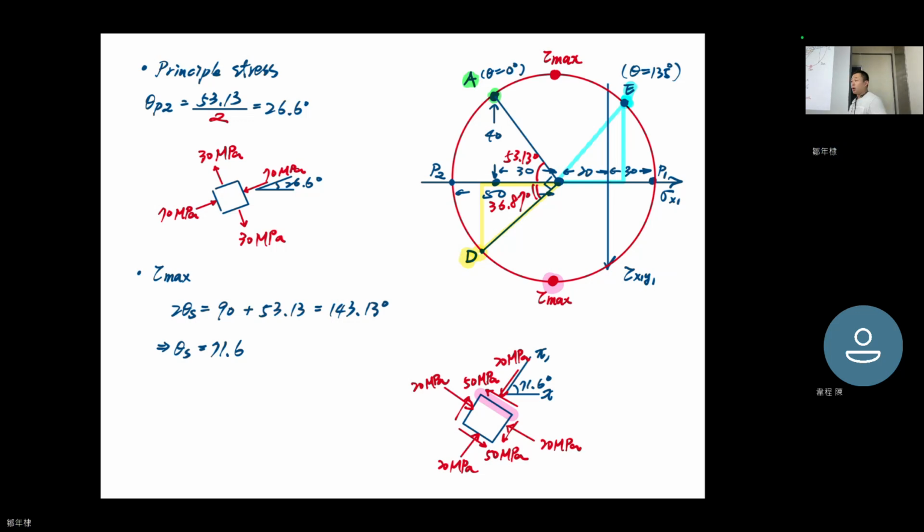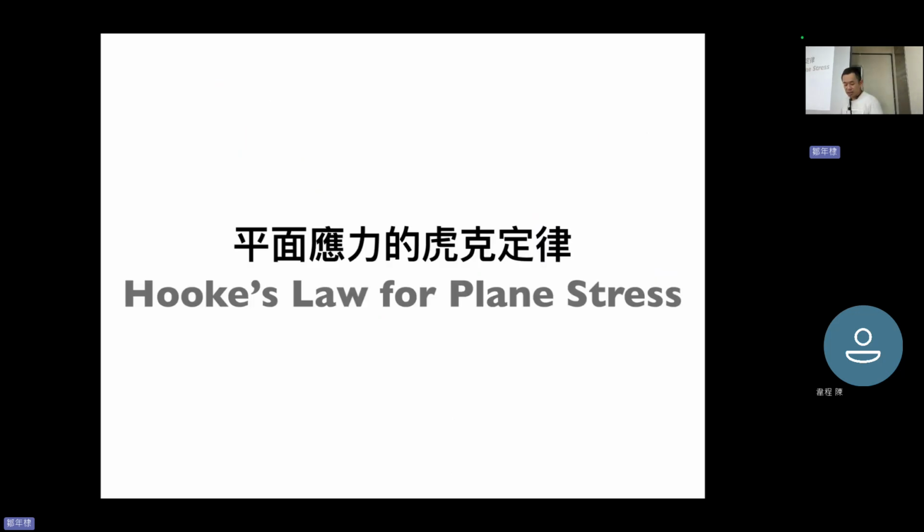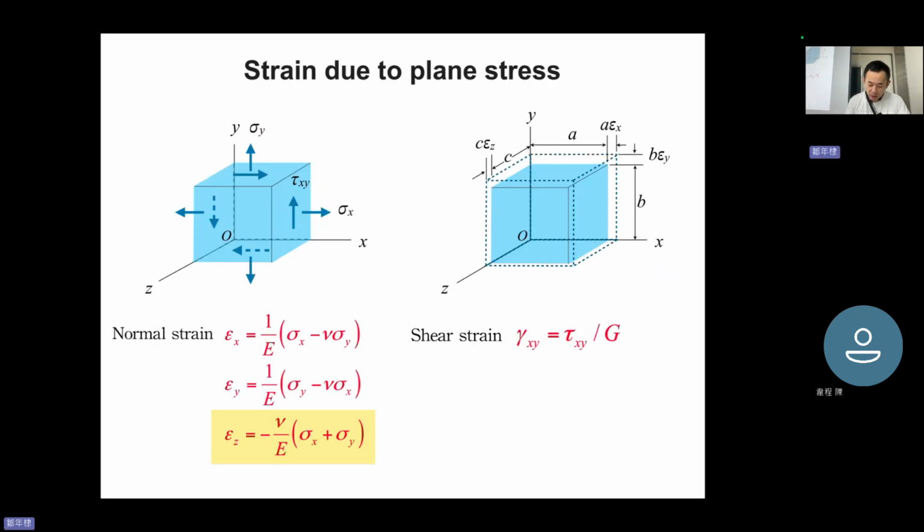Next, Hooke's law for plane stress. The strain due to the plane stress, you can see that this is plane stress, only x and y direction components are here.